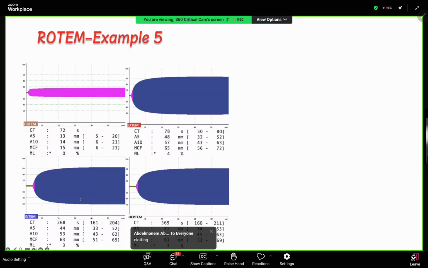We talked about this combination already. What is this? Yes, it's protamine excess. So what will happen? You'll have a prolonged time in INTEM and HEPTEM. EXTEM is normal. So you have given protamine in excess amount, and protamine in excess is an anticoagulant. So in excessive protamine use, you will have INTEM and HEPTEM prolonged but normal EXTEM. Okay.